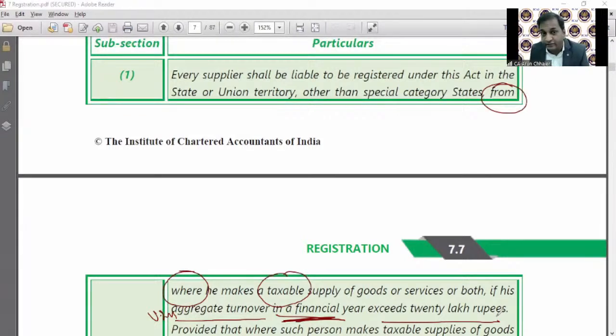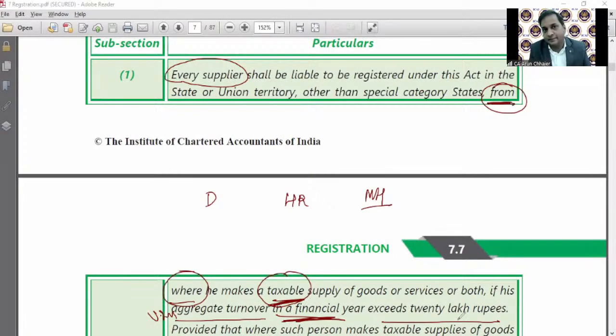Multiple important points to be understood. First, every supplier shall be liable to take registration under this Act from where he makes taxable supplies. Initially, I have given the example. Suppose I am providing supply from Delhi, from Haryana, from Maharashtra.